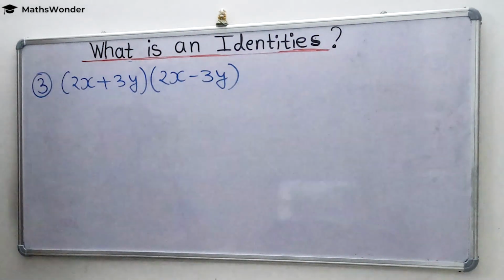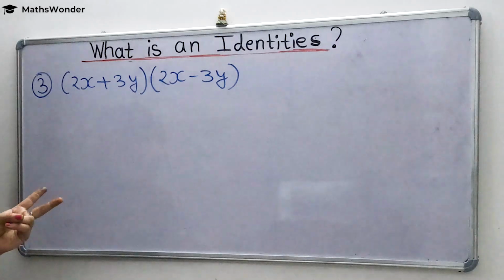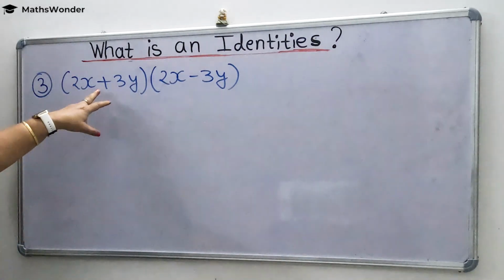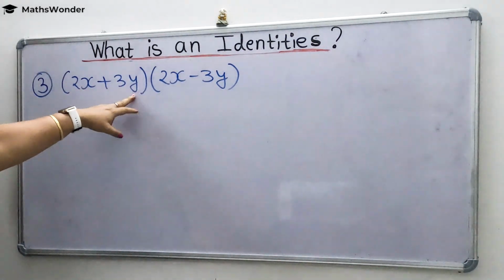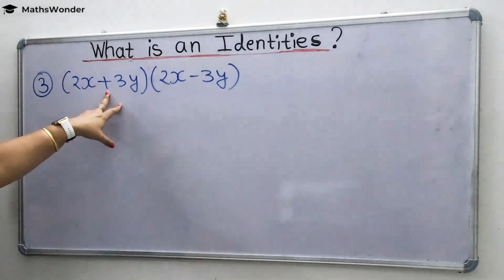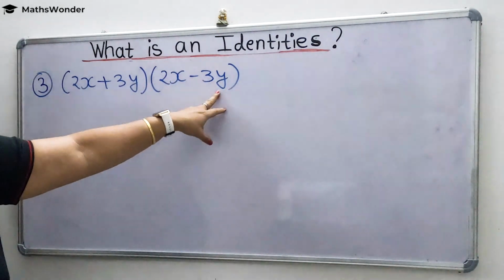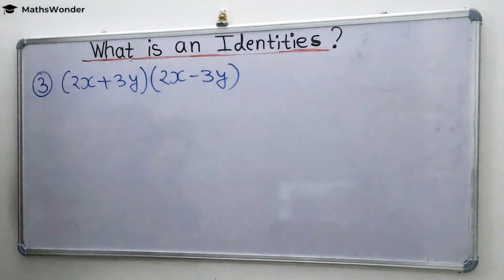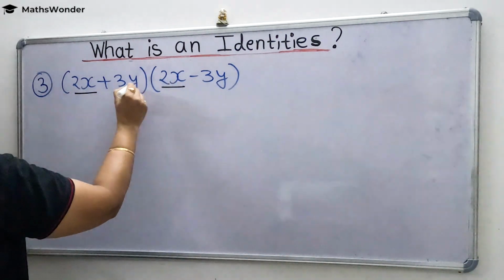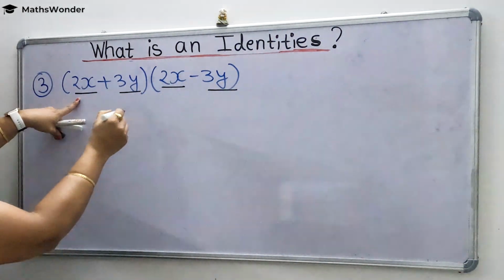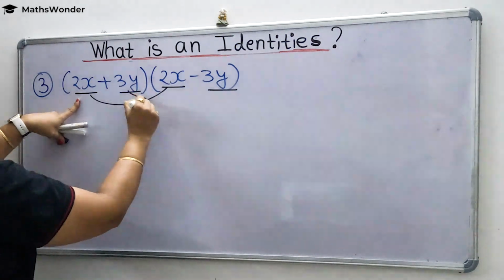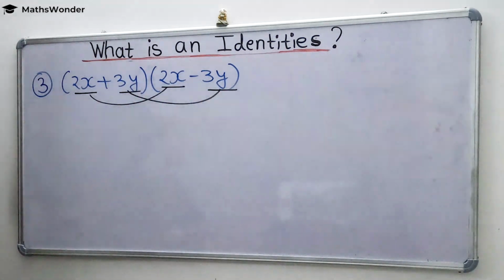Now this is the third question, based on the third identity. So first see 2x plus 3y, which is with the plus sign, and 2x and 3y with the negative sign. Always remember these terms should be the same. These two are always the same and these two are always the same. Then you can use the identity. Got it?